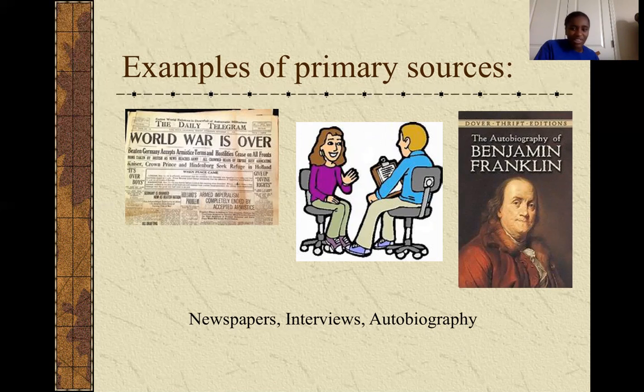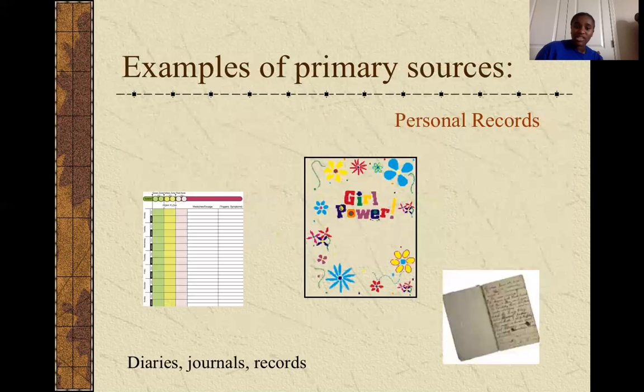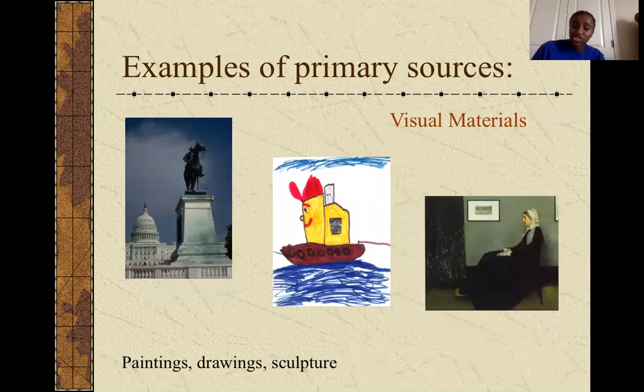I can't interview him because it was a long time ago. He's probably dead. But I can find newspapers from that time. That's definitely a good primary source. I can find if he had a journal or if he had some type of records, I can find that. And I can put it in my essay that I'm writing about Benjamin Franklin. If I had some pictures or maybe some sculptures of him, I can put that at the end of my essay. There's so many different sources.